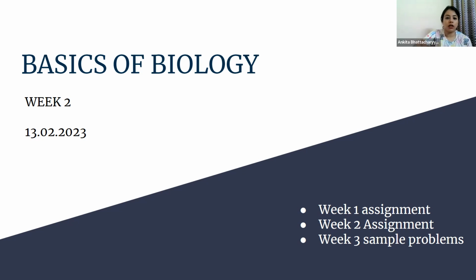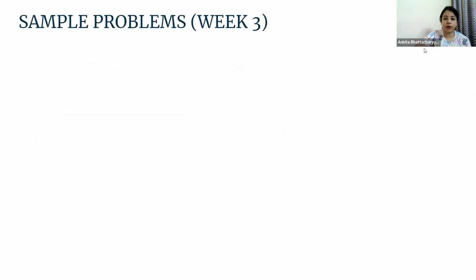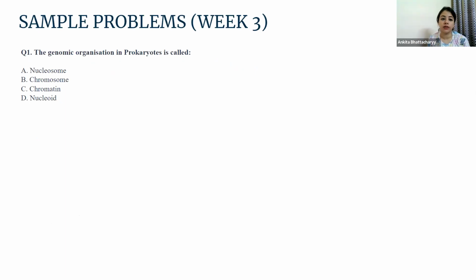So beginning with the sample problems for week three. The first question is about how the genomic organization in prokaryotes is actually present. If you look at the options, you will see here a nucleosome, chromosome, chromatin, and nucleoid.